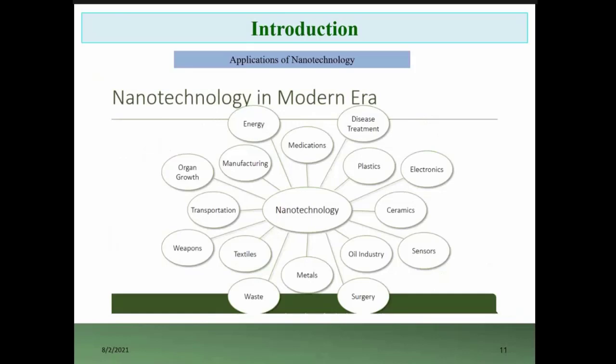So if I go for the applications of nanotechnology, it has application in a very widespread area. It can be useful in the energy sector. It can be useful to develop textile materials. It can be useful for waste management or to develop composite metals.